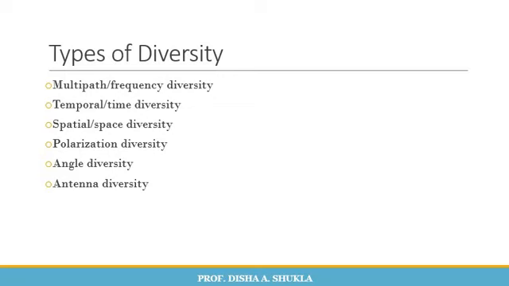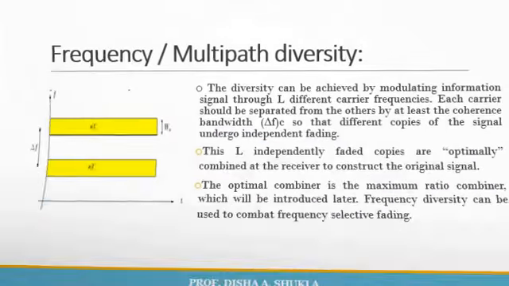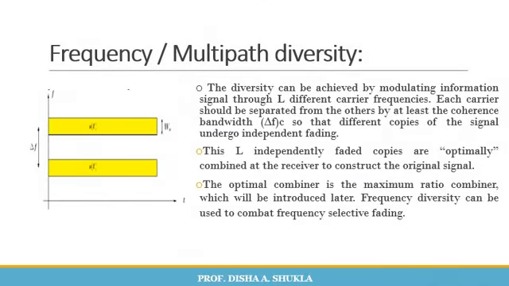Now, looking at them in detail, the first one is frequency diversity. Diversity can be achieved by modulating the information signal through L different carrier frequencies. Each carrier should be separated from the other by at least the coherence bandwidth, that is delta Fc, so that the different copies of the signal undergo independent fading.